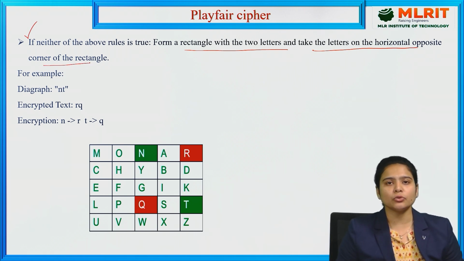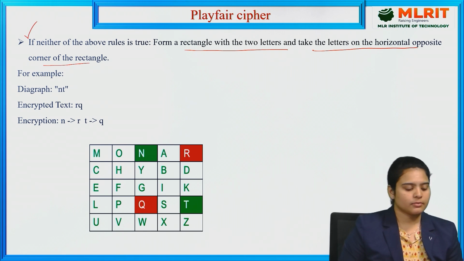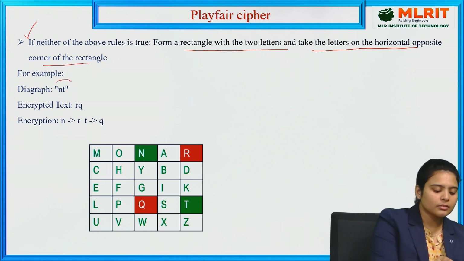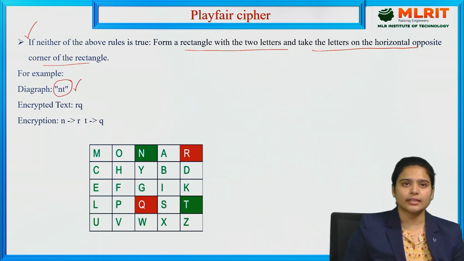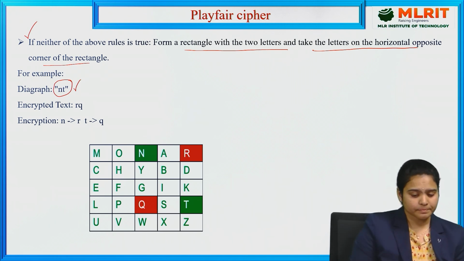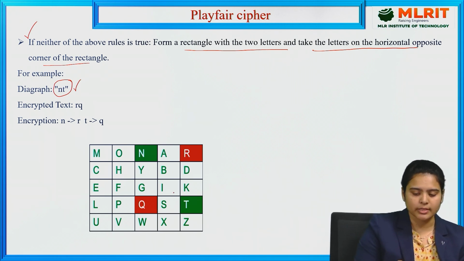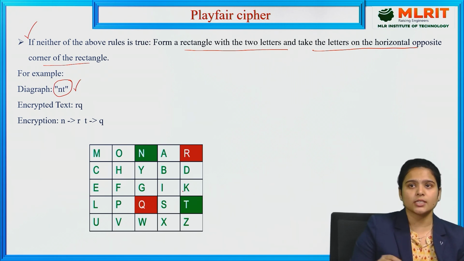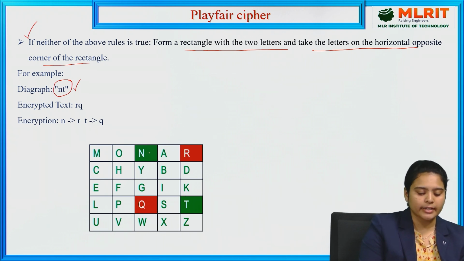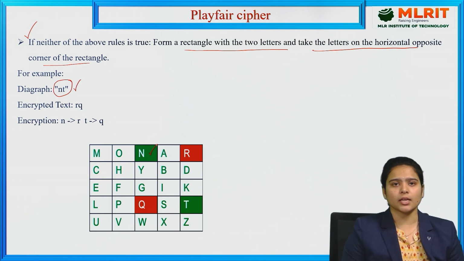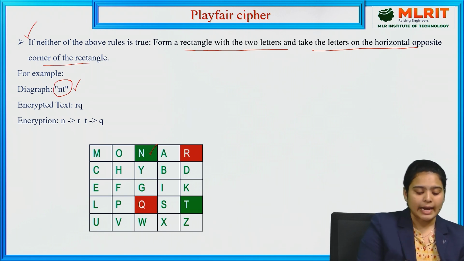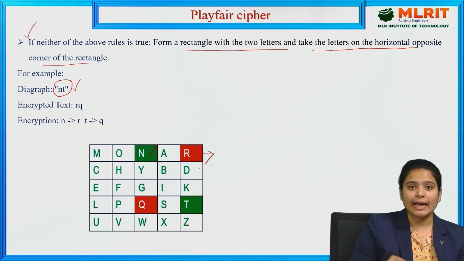For example, here the pair is N and T. From the rectangular box, the two letters are at the horizontal opposite corners. What is the solution for N? N relates to the opposite corner, and that becomes R.